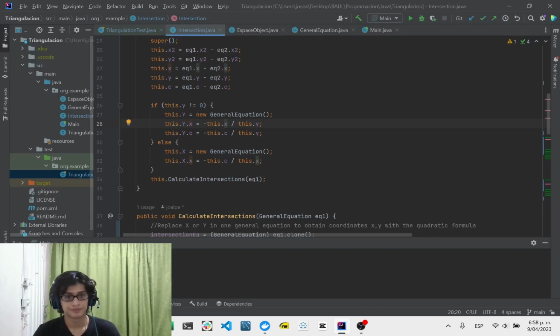For that reason, I put this in, imagine that this is y and this is c, because I need to clear, right?